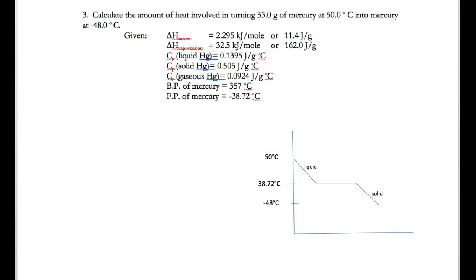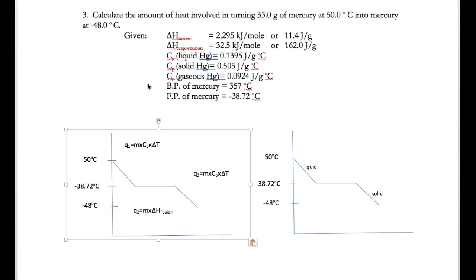Okay, so once we have that all sketched out for ourselves, we want to figure out the equations that we're going to use in the different sections. So here I've labeled this out as Q1, Q2, and Q3. I'm hoping that you see that the Q1 pertains to this right here.